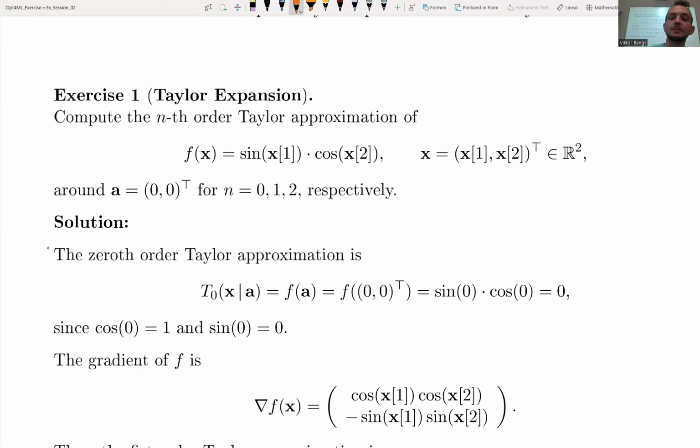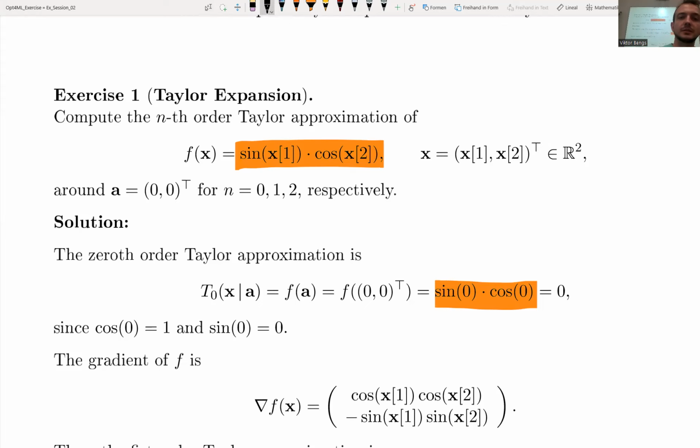All right, so plugging in the value of a, which is the zero vector, into our function, we get sine of 0 times cosine of 0.